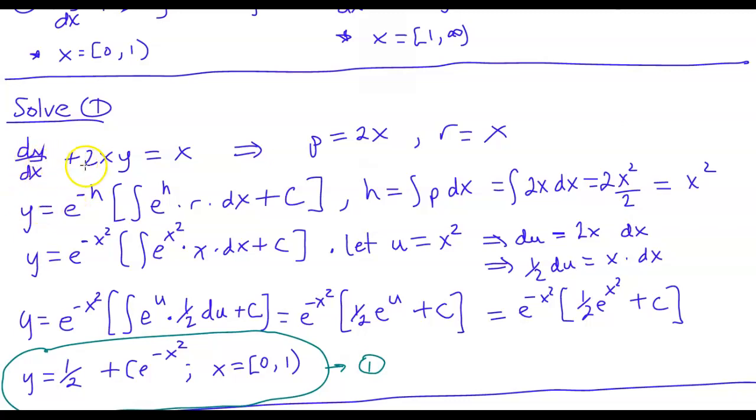So notice that here in our first piece, if I was to rewrite this equation, I could rewrite it as dy over dx is equal to x minus 2xy, okay? And of course, since I have x in both terms here, that could factor out to x times 1 minus 2y, okay?